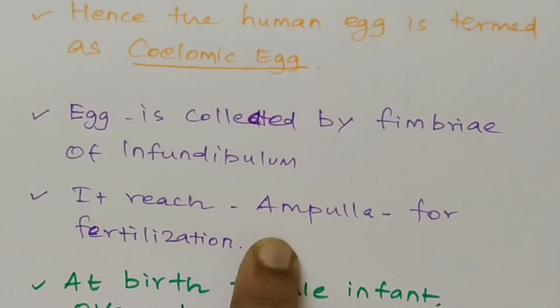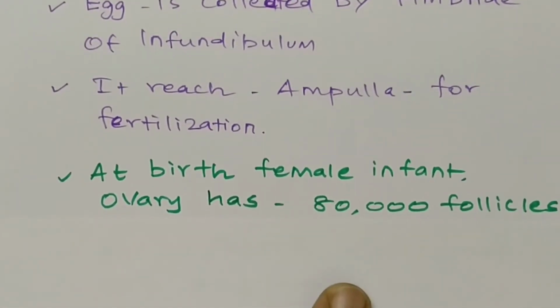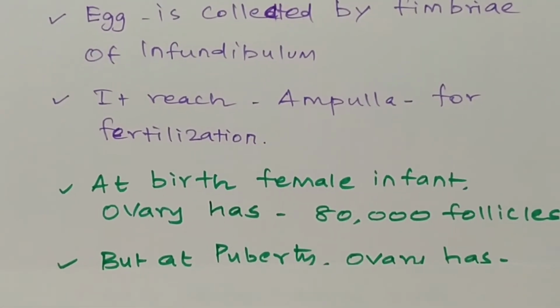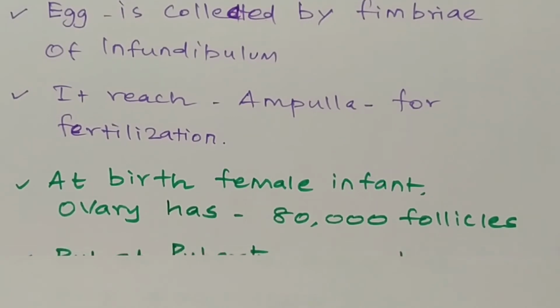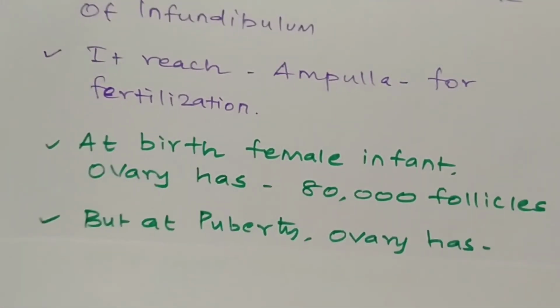Here I did not mention, please note it down. At the time of birth, the female infant's ovary has approximately 80,000 follicles. Each ovary has 80,000 follicles at the time of birth. Slowly, what happens? The number of follicles degenerates.